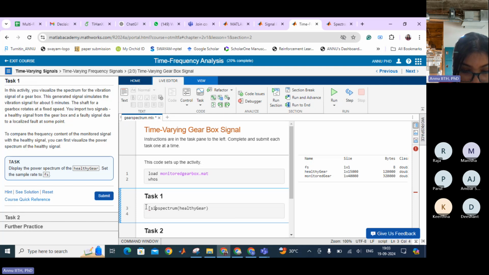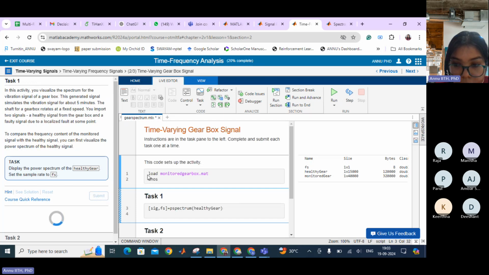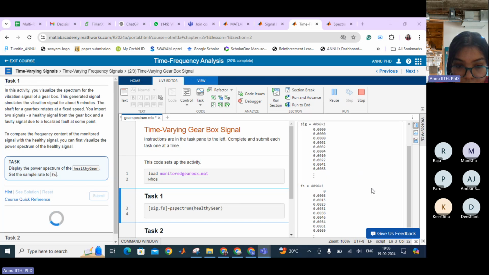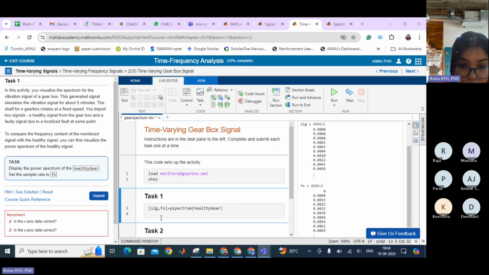Signal. fs. Okay, pspectrum. I think fs was already defined here. I should not get an error here. We just have to call power spectrum.